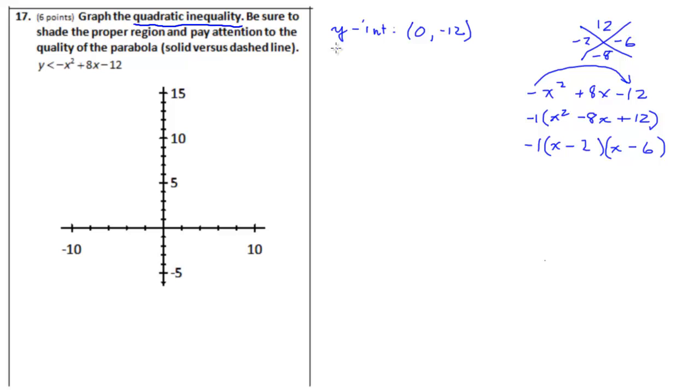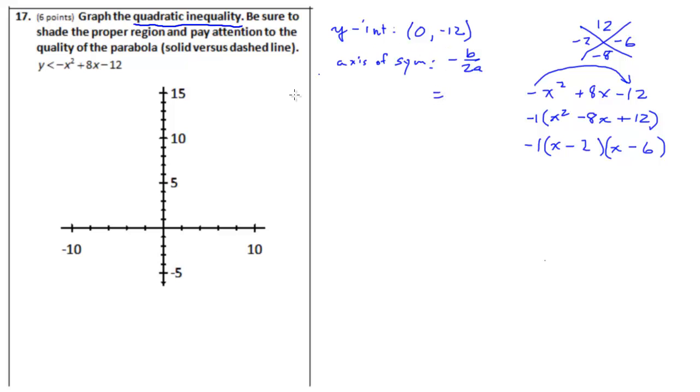We could also look for the x-coordinate of the vertex, or what's the axis of symmetry. The axis of symmetry is going to be, remember, negative b over 2a.